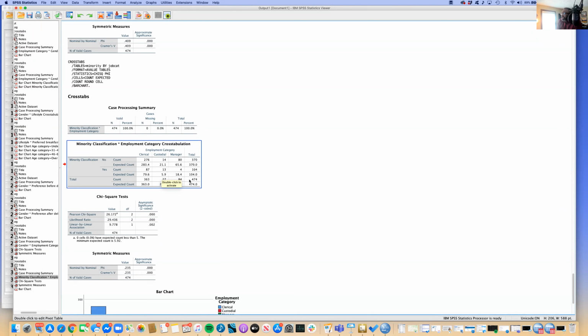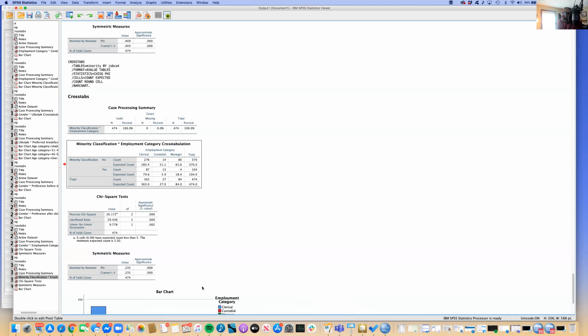And here's a really obvious point: if there was no relationship between minority classification and employment category, we would expect to have 18 minority managers. How many do we actually have? 4.